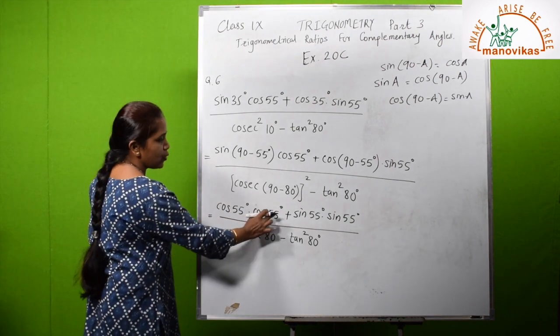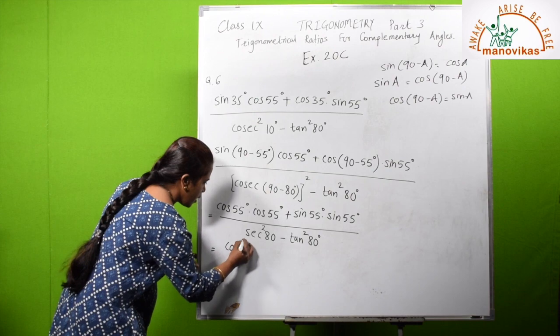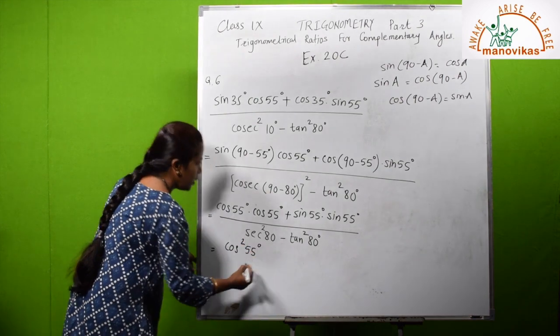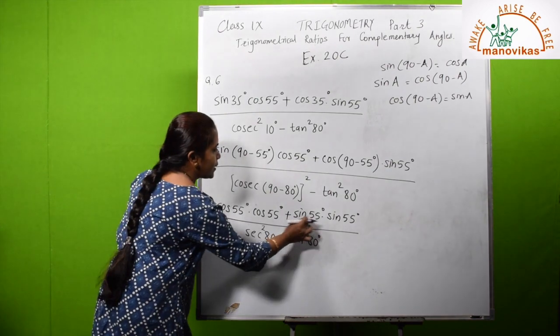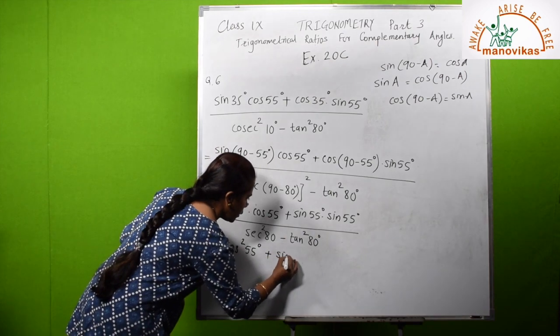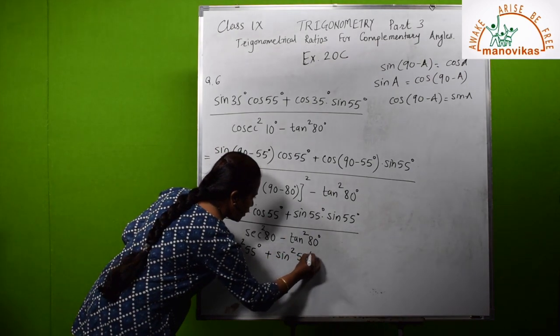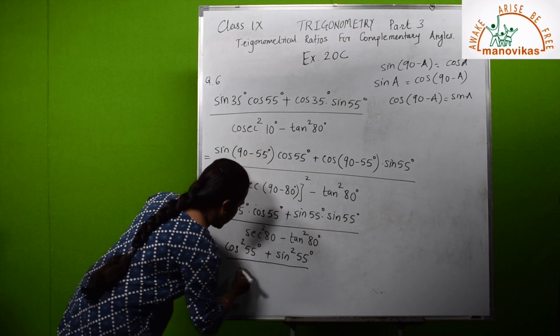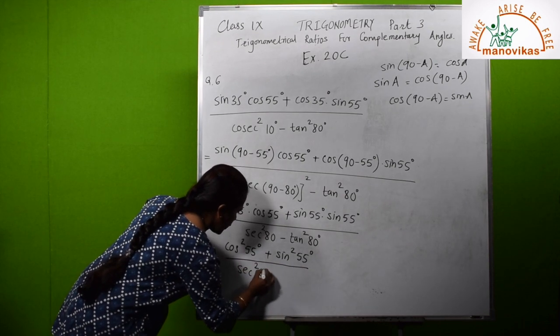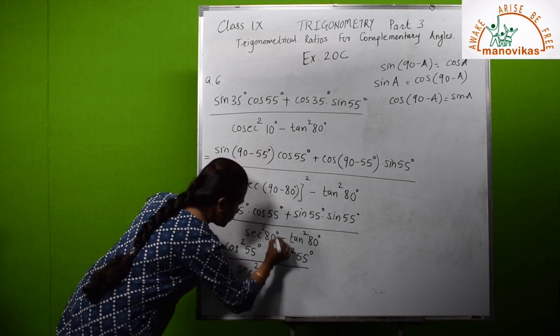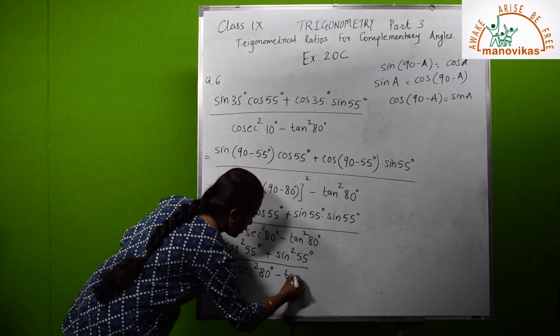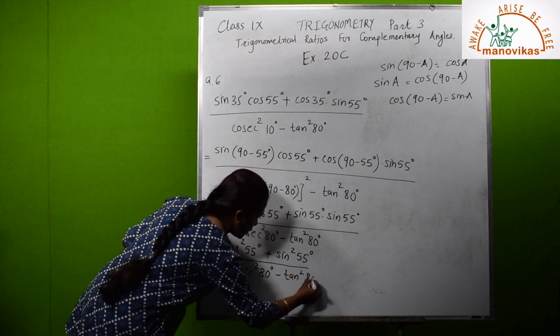Cos 55 into cos 55 is cos square 55 degree, plus sine into sine, square 55 degree, divided by sec square 80 degree minus tan square 80 degree.